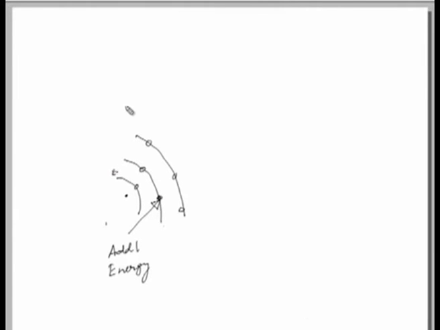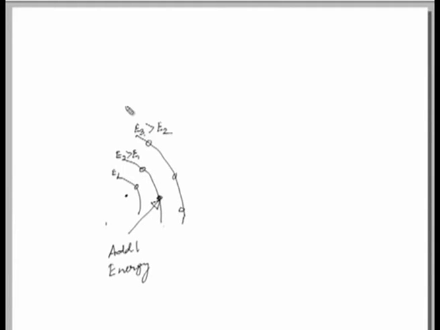Here this energy level is E1 and this is E2, which is greater than E1, and the energy level at this cell is E3, which is greater than E2. That means, the electrons at this cell will have the highest energy level.